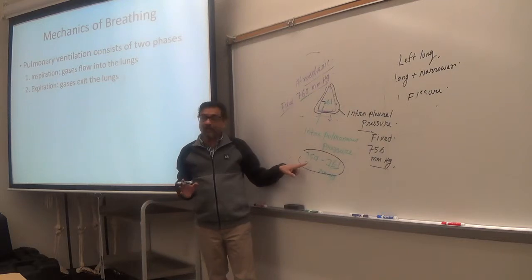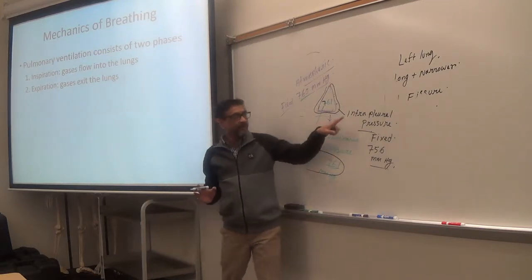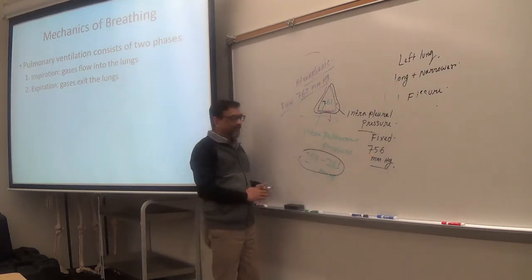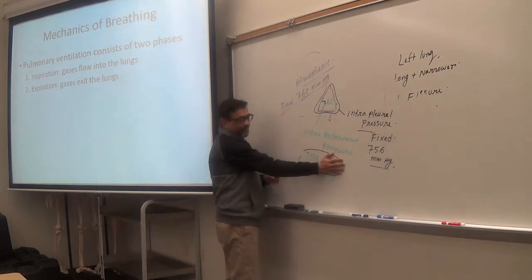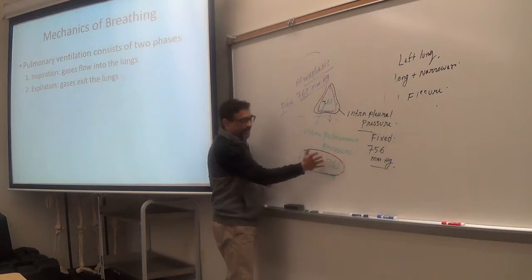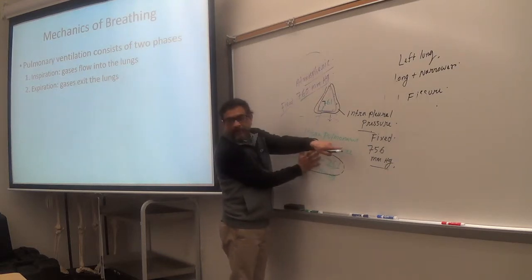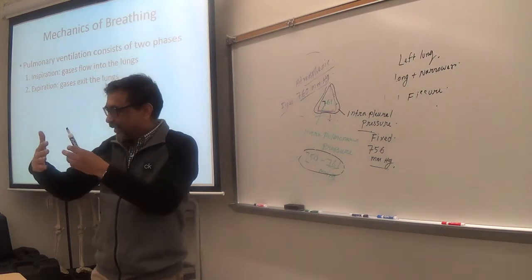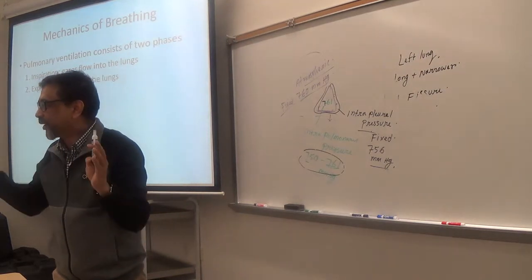Even when the intrapulmonary is 759, intrapleural is lower than that because it is always 756, right? Now you tell me how much lower is from this one to this one? 3. Only 3, right? And from this one to that one? 5, right? So, around the lung, the pressure difference is -3 to -5.